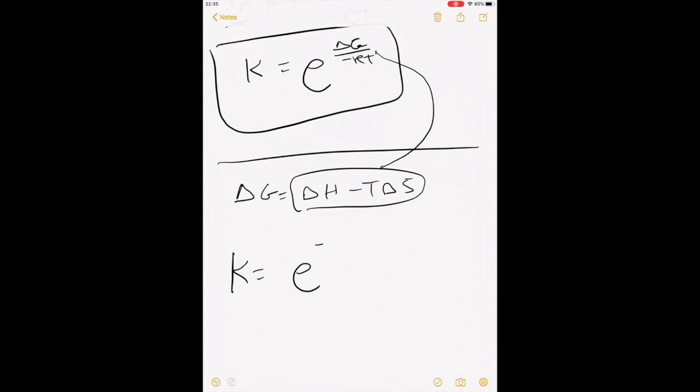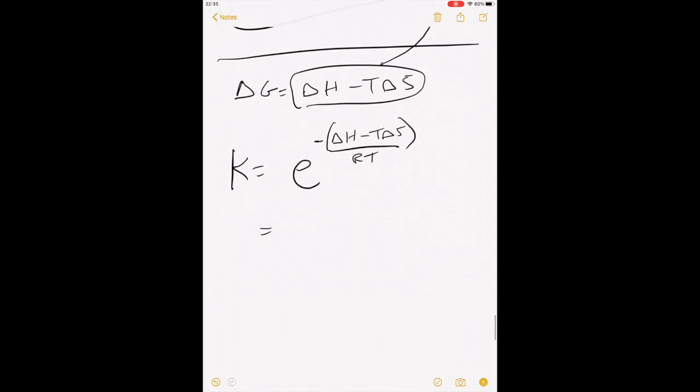That means minus delta H minus T delta S, and then here you have the RT. So put brackets here so you don't forget the sign. That means T delta S, and here it's going to be minus delta H over RT. That would be the K value.